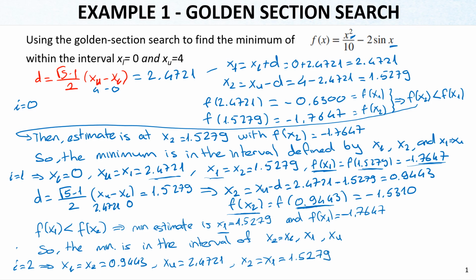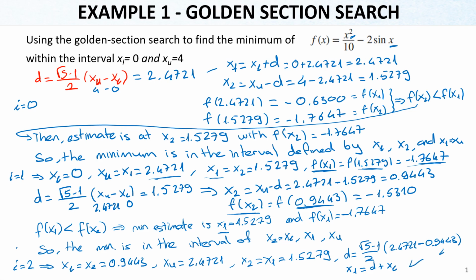Then from here we will use d, root 5 minus 1 divided by 2, times xu minus xl. So 2.4721 minus XL is 0.9443.